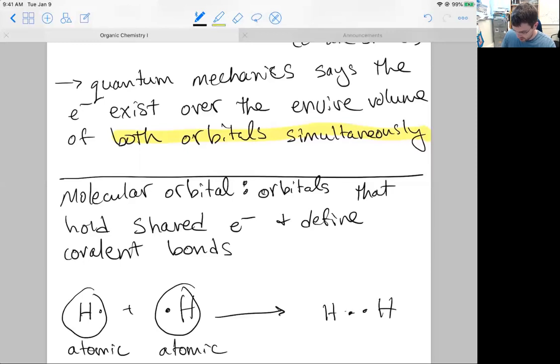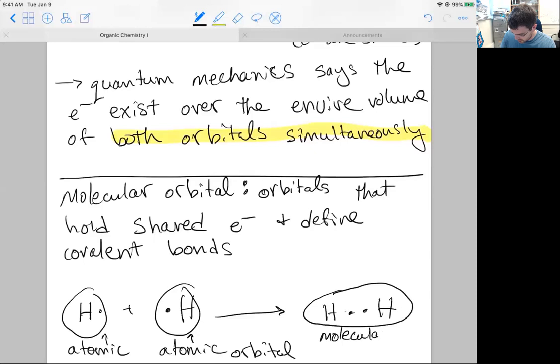So these are atoms, atomic orbital. Those circles are 1s atomic orbitals. What we're going to do is allow the electrons to be shared and allow the two 1s orbitals to form molecular orbitals. It's technically plural, there's two, but let's just worry about the one for now.